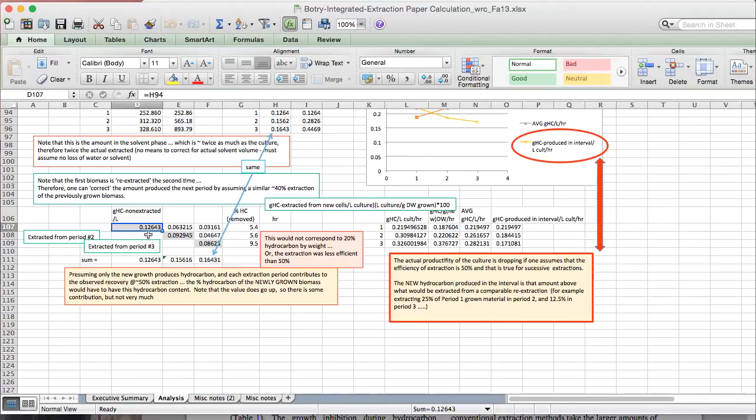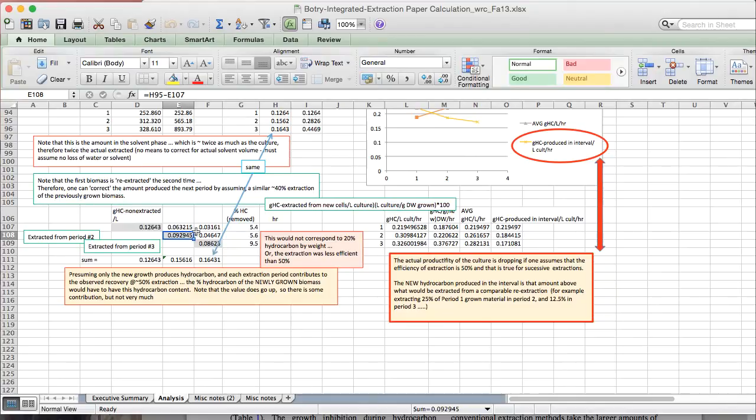And if you had 50% extraction, what that means is that if I extracted 50% with one extraction here, then half of that should be extracted again the next time. And then by knowing the total amount that had been extracted in that second interval, then what you really know is that this material right here is what was made, if you will, by the new cells that are there.